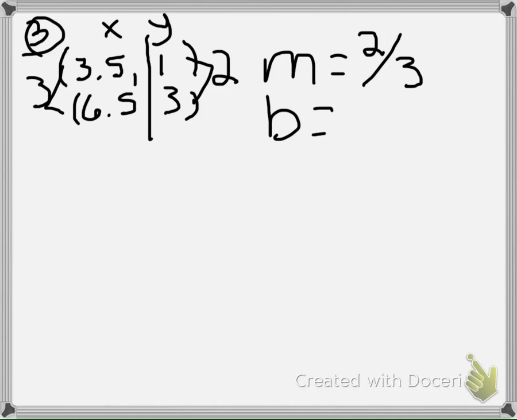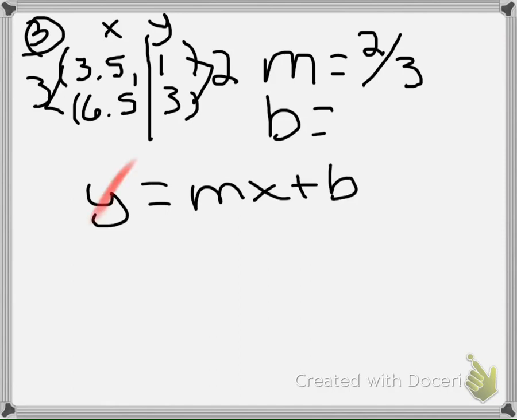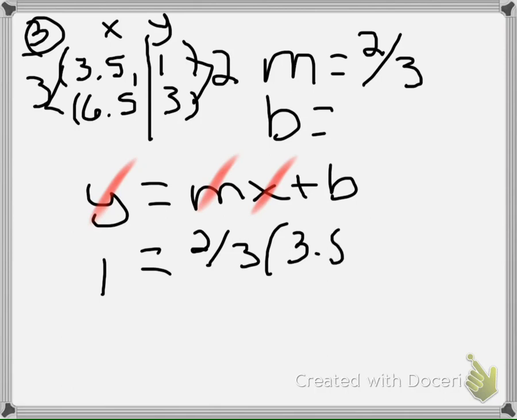To get our B, we're going to substitute three things into y equals mx plus b. Same three things we keep doing. 1, 2, 3. Here's a y. Here's our m. And here's the x. 1 equals 2/3 times 3.5 plus b.